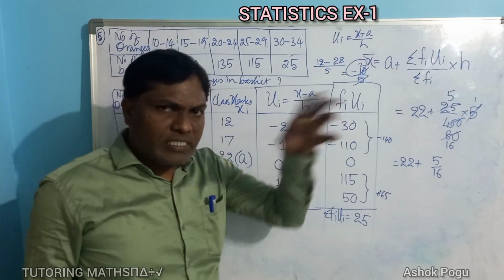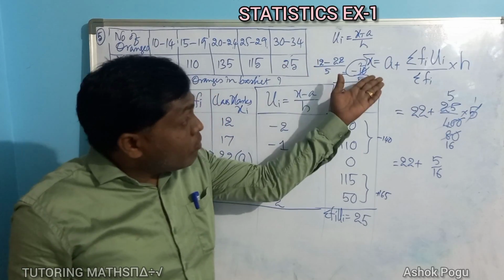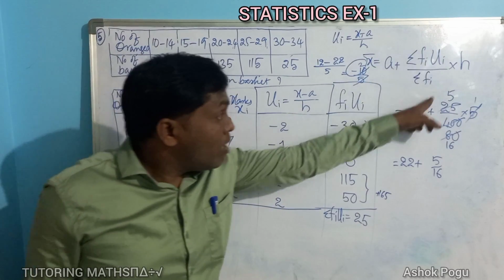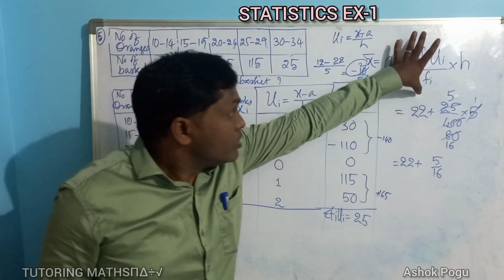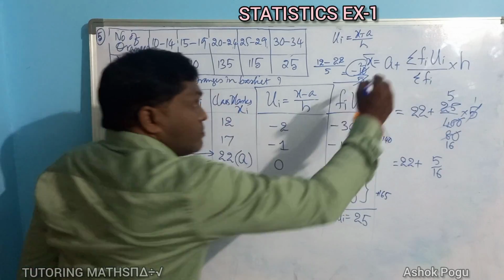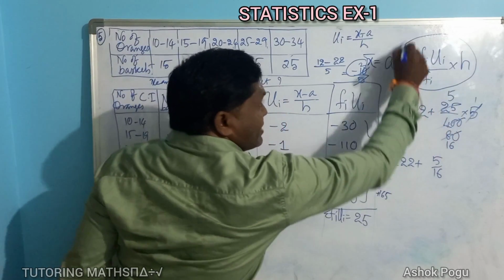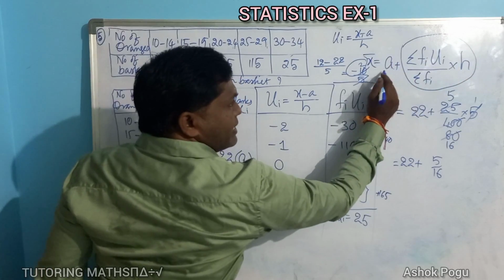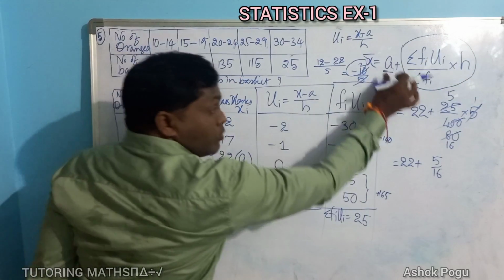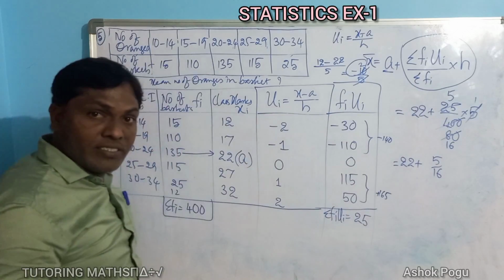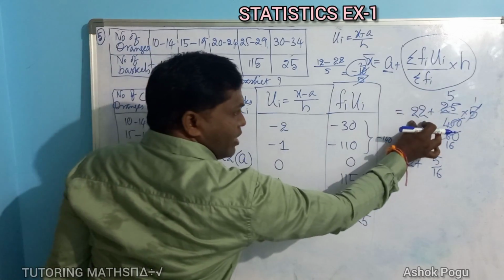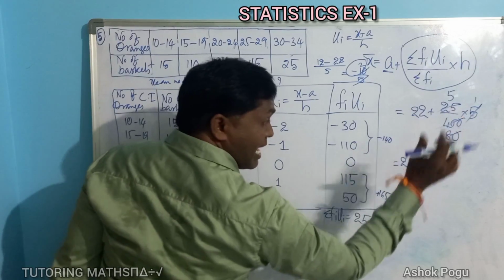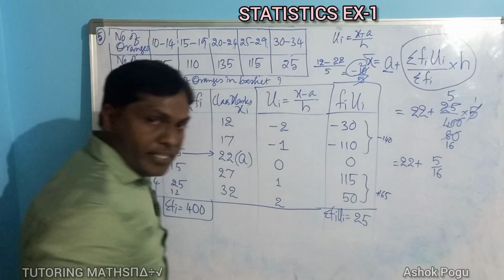See the formula first: a plus sigma Fi Ui by sigma Fi. Solve this fraction first. Simplify this whole part. Then the result should be added to a. Don't change the a value. Don't add it immediately. Solve the whole result, then at the end, add to 22.